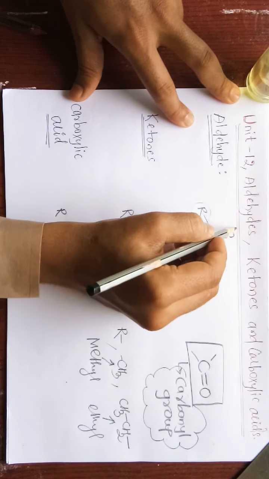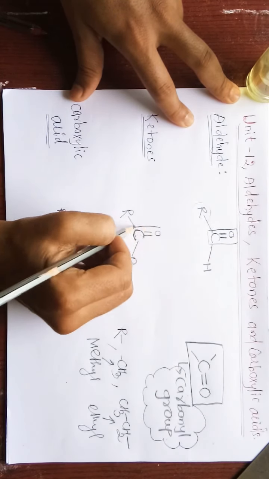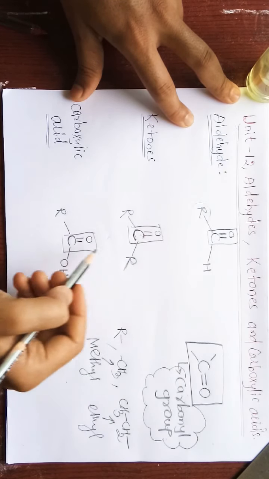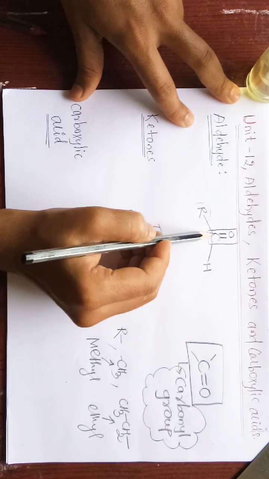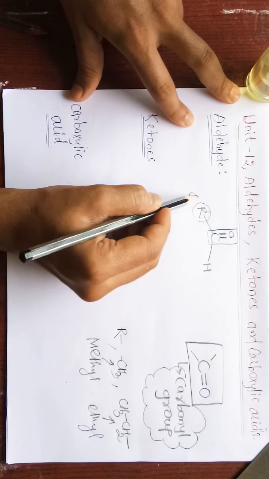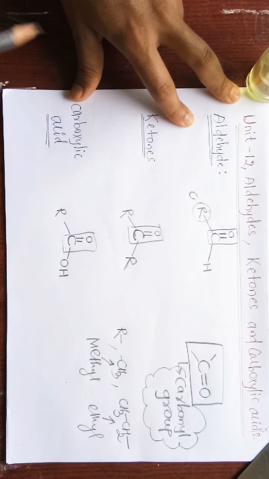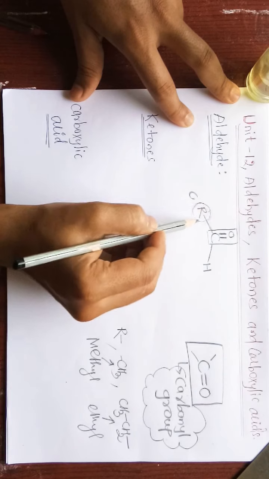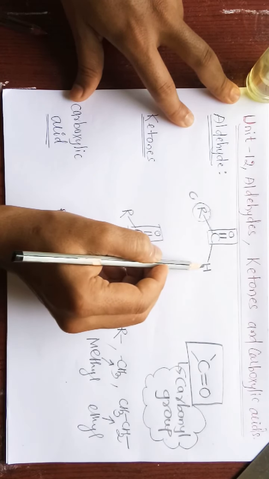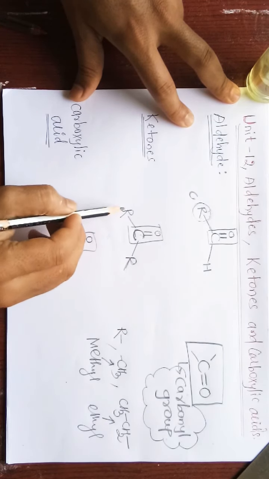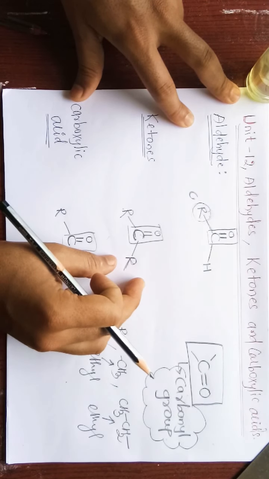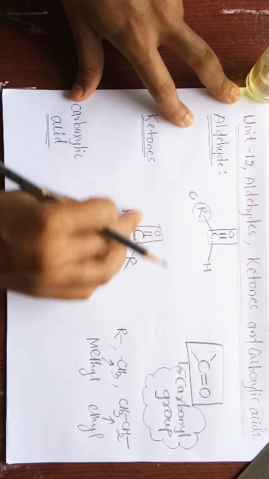Here you can see the similarity is the carbonyl group. On one side R, in the sense CH3, means a carbon-attached group, and here we have written H. Here you can see on both sides R means CH3 or CH3CH2, you can write anything.